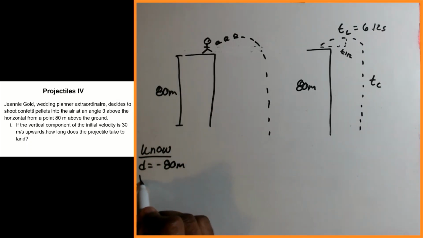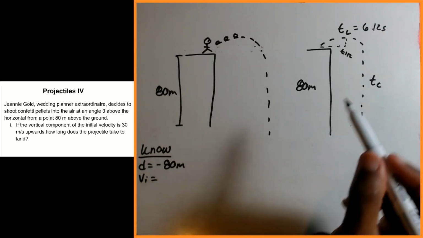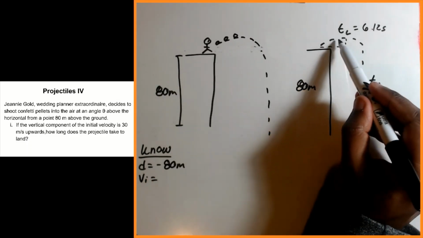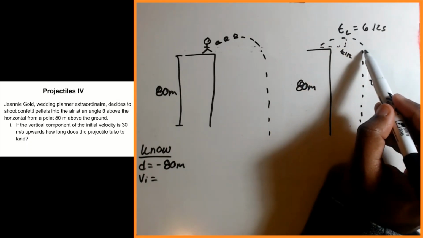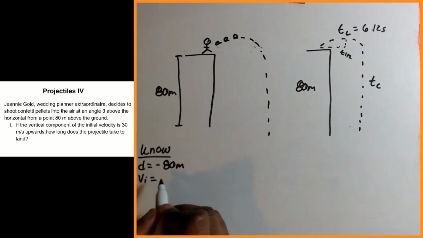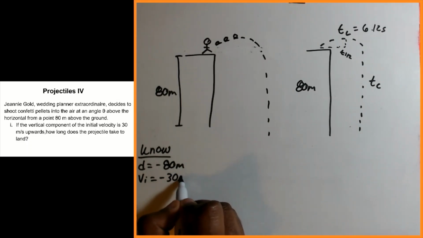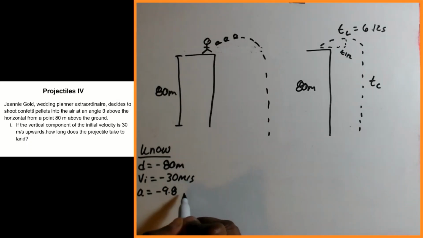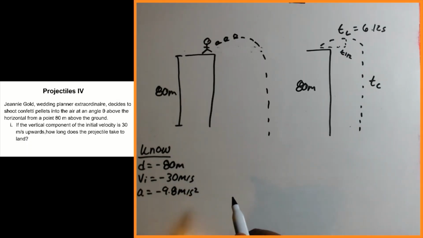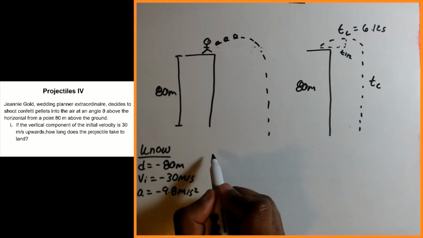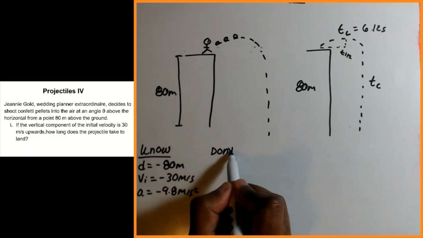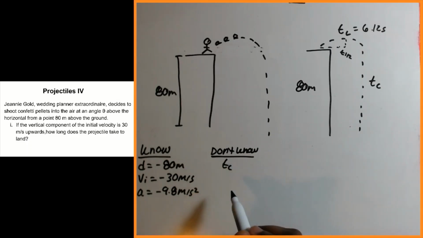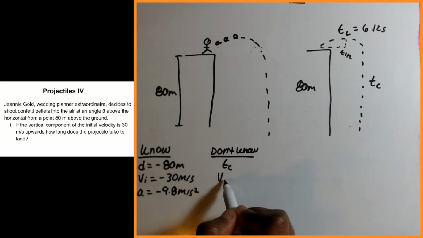The initial velocity, so the velocity right here, because it is symmetrical once again, starts at 30, goes to 0, and then comes back down to 30, but just minus 30, of course. And A is equal to negative 9.8 meters per second squared. What we don't know is time, of course, and we also don't know the final velocity.